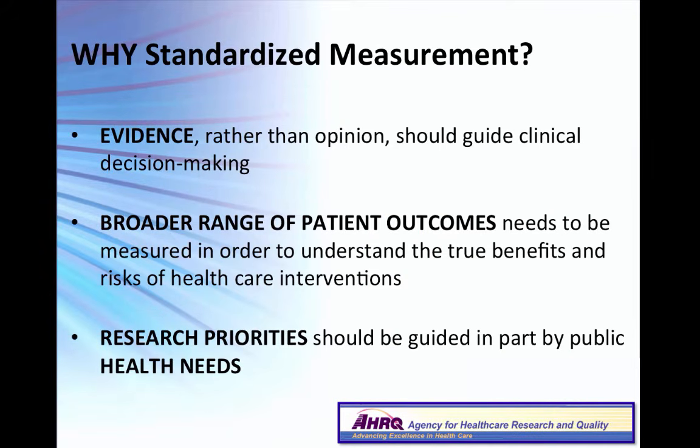A few other key points to remember is that evidence rather than our opinion, that's the way I've always done it, it works for me, should guide clinical decision making. We need to look at a broader range of patient outcomes to better understand the true benefits and risks of healthcare intervention. So for example, the whole penetration aspiration thing.